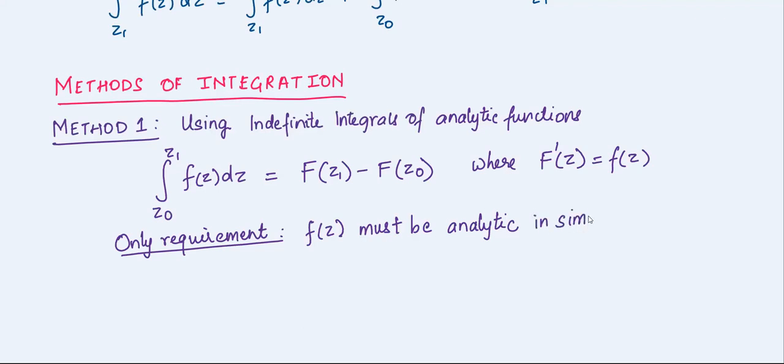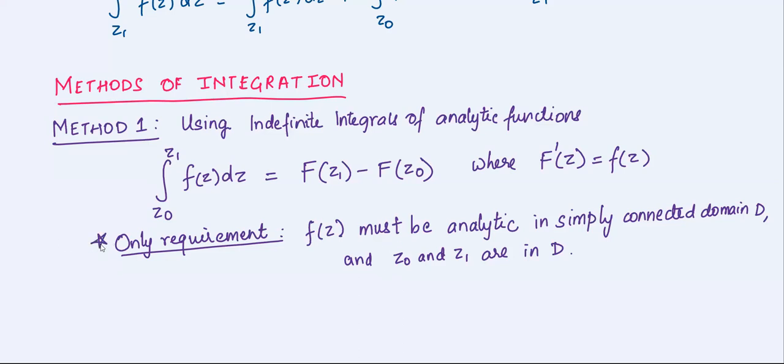Now, this must be analytic in a simply connected domain, and Z0 and Z1 are in the domain. Simply connected means that from Z0 to Z1, any path you choose, they are all within D.